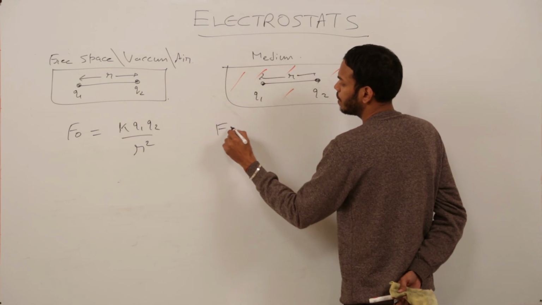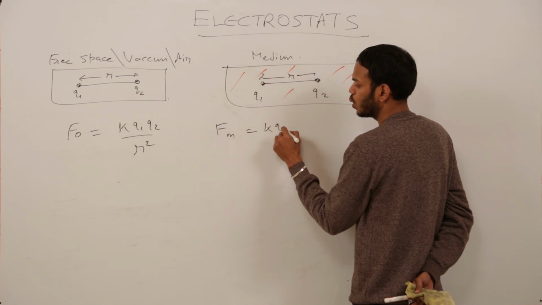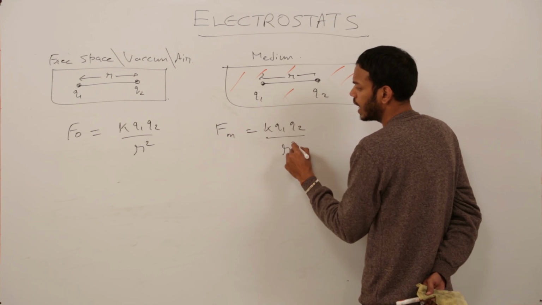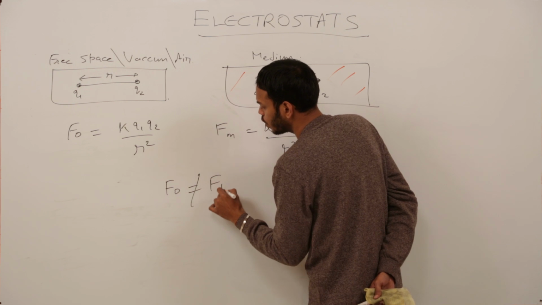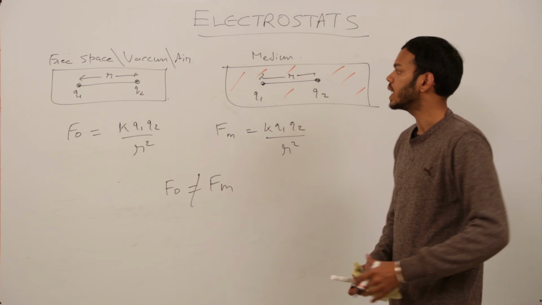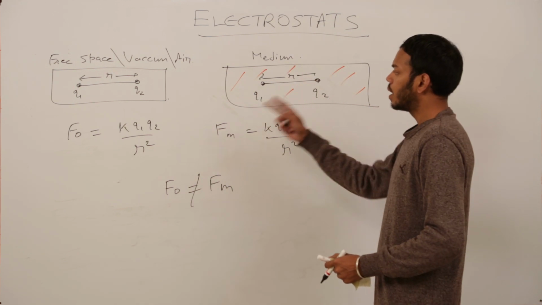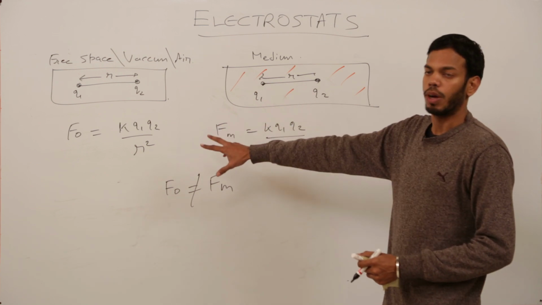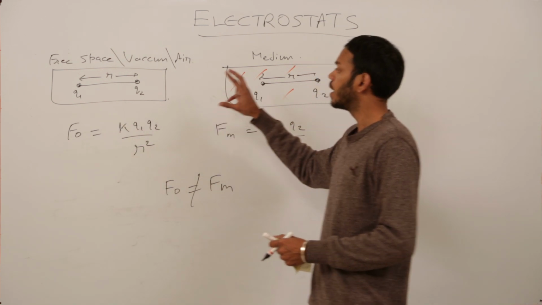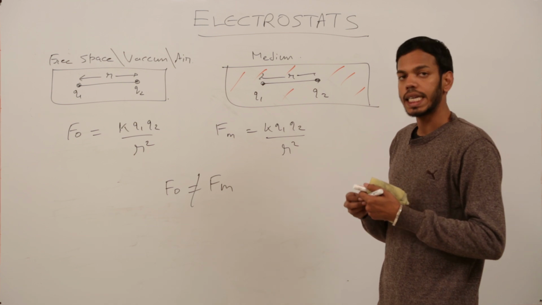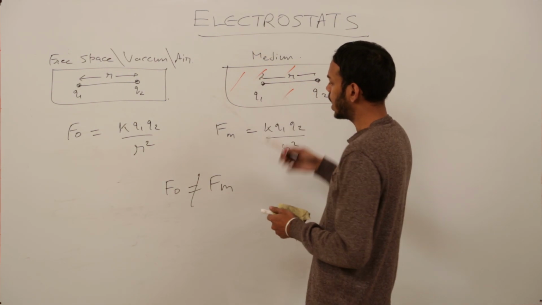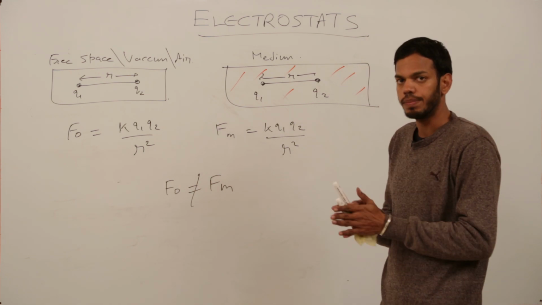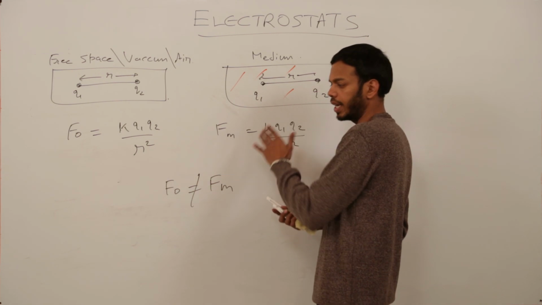Here the force in the medium will be again K Q1 Q2 upon r square, but experimentally it was seen that the force in free space was not equal to the force in the medium. So where is the problem? What change do we require in the formula? The formula was absolutely right. We forgot to incorporate the presence of the medium between the charges.